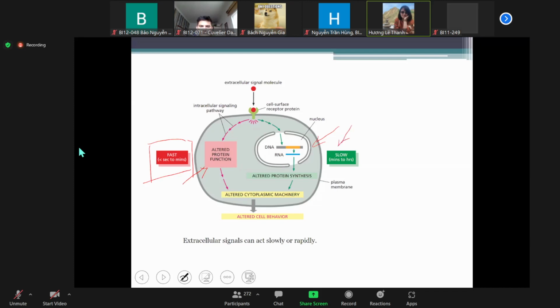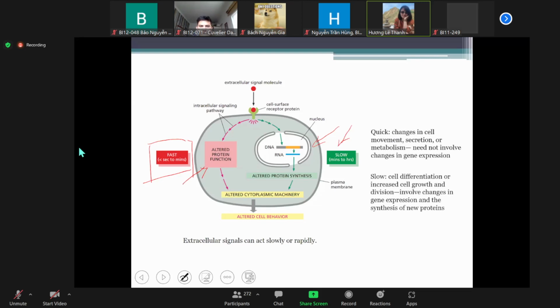It could be very slow, from minutes to hours. So a quick change in cell movement, secretion, or metabolism, not involving changes in gene expression, is very quick. But if cell differentiation or increased cell growth and division involves changes in gene expression and the synthesis of new proteins, it is very slow. So we have different routes of the response.